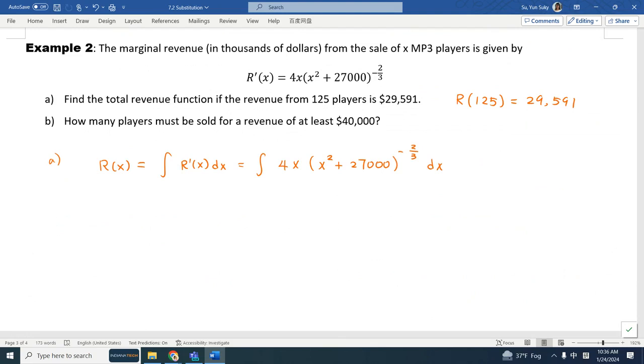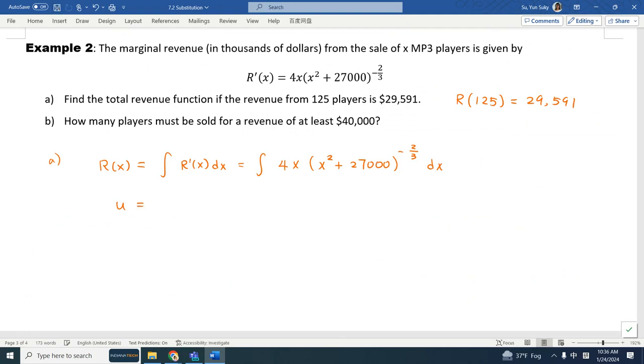Anybody? So you see, it's a product. Do we have product rule? No. So if you see a product, either simplify it or use substitution. In this case, we have to use substitution because are you able to distribute? No, you don't do that because of the power. What should you? Yeah, very good.